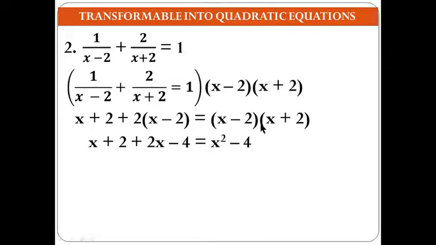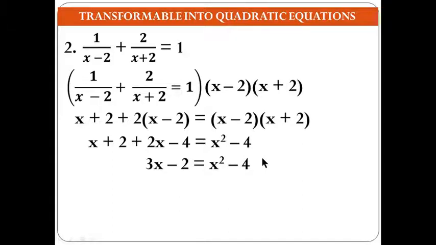So the product of these 2 binomials ay x squared minus 4. So after getting the product, combine similar terms. So x plus 2x is 3x, positive 2 minus 4 is negative 2, and copy the expression sa right side.